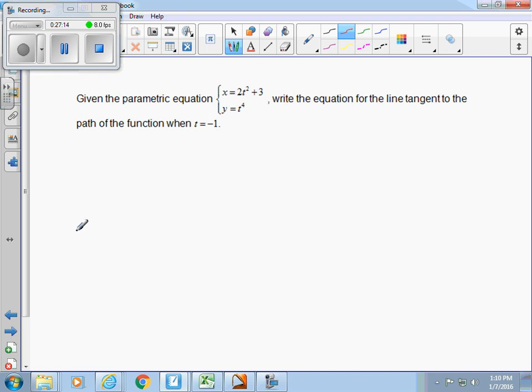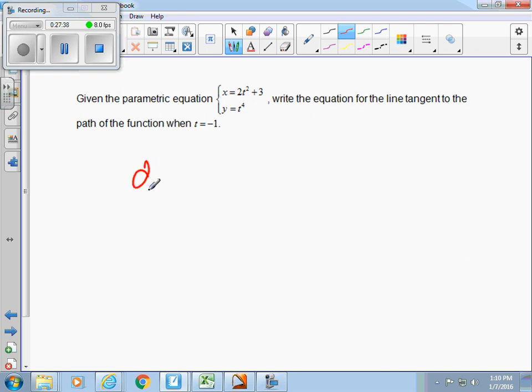Tangent line when t equals -1. Another tangent line. If you can tell, I'm doing 2 of these in the notes, a very common AP question for them to ask you to find a tangent line on a parametric function. What would you do first?